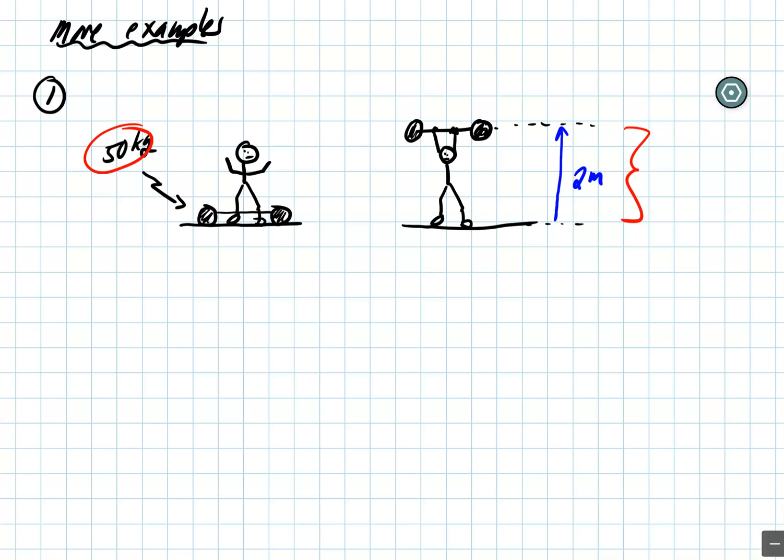So let's just think about that. For you to lift this object, you're going to have to apply a certain amount of force, and that's going to be, is it FU? Let's make this F me, okay? I'm going to be doing the work because I don't want to say FU too much.